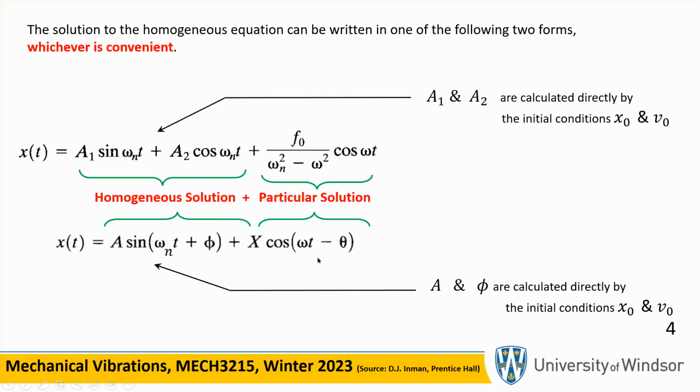We have done problems of this type. I didn't write it in that form, I wrote it in this form, where a1 and a2 depend on the initial condition. So either this or that. All right, let's move along.